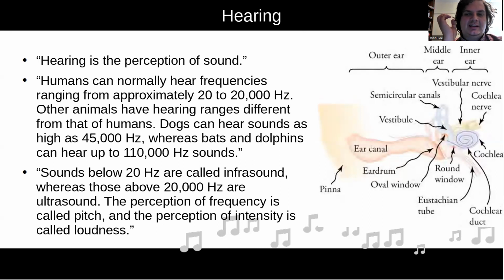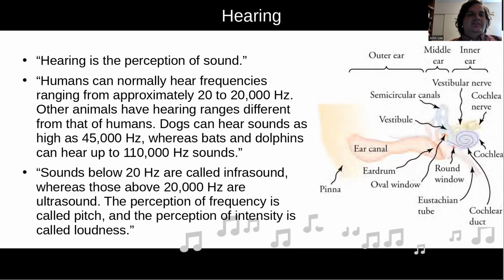There's the eardrum that's vibrating back and forth and causing there to be signals in our ears that are transferred to our brains, which are then decoded into information about the sounds around us.